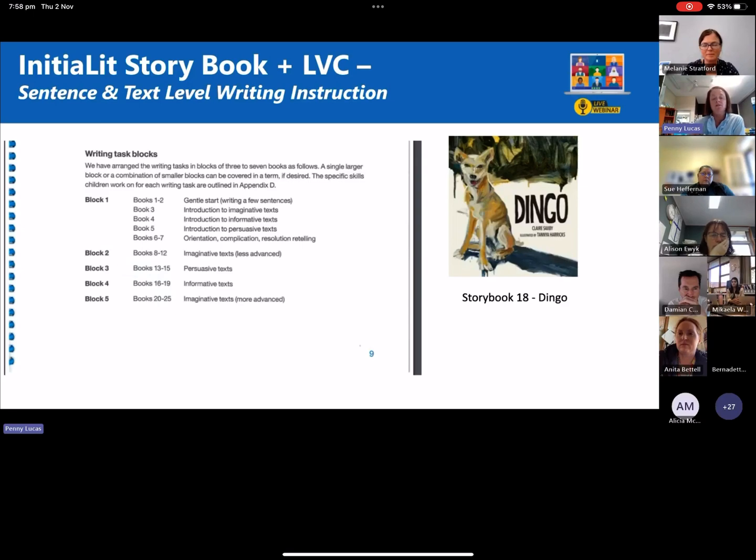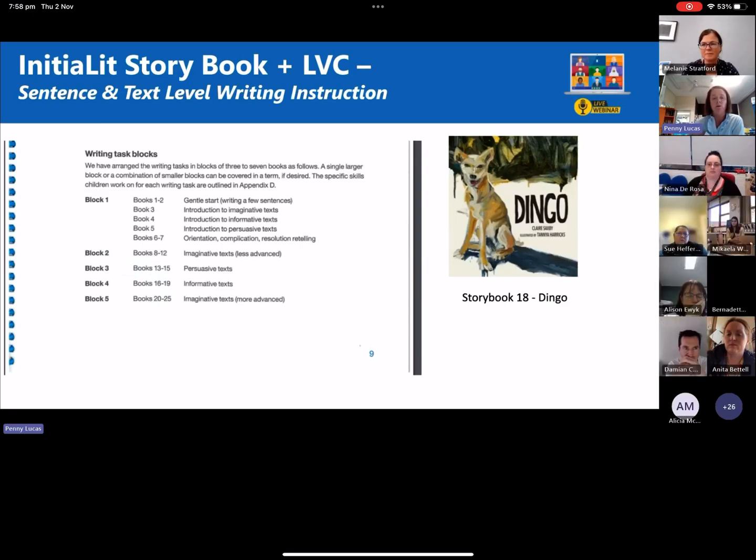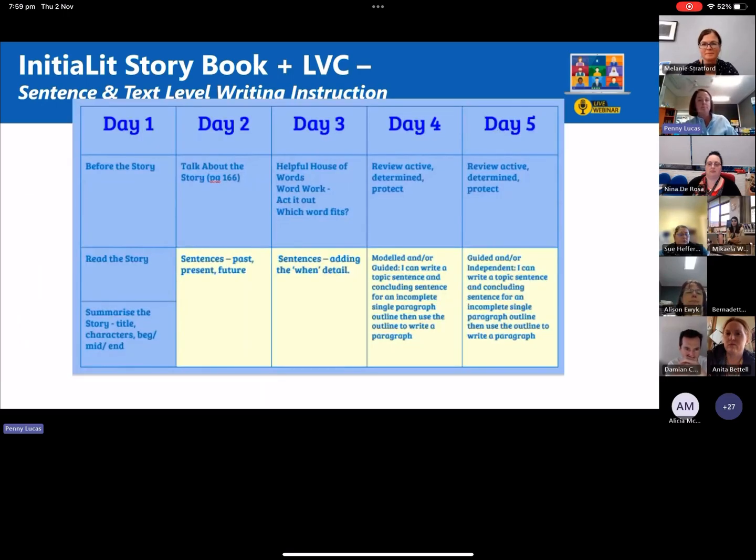You can certainly use a persuasive text to cover that SPO, but we've moved on sort of down the book. So I've chosen storybook 18 that's called Dingo, and I've based that on that week 28 from the low variance curriculum.